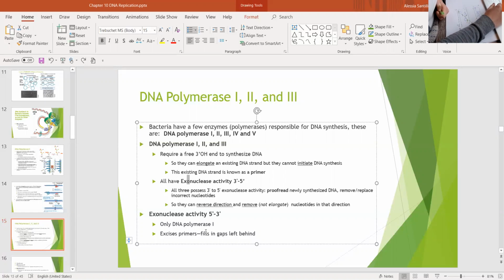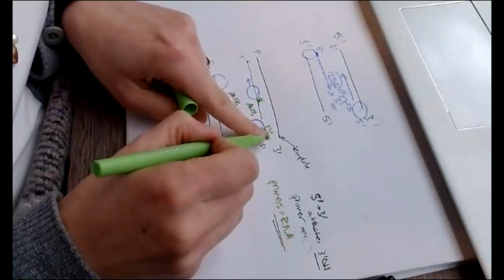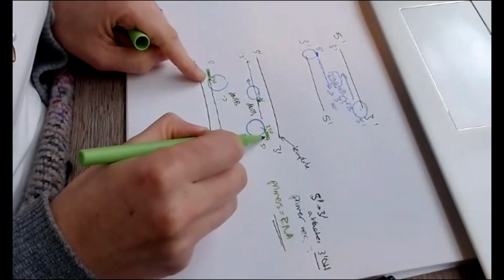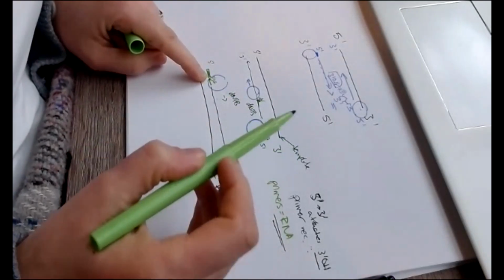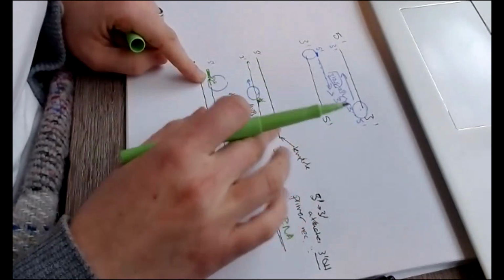So DNA polymerase 1 also has the ability to have exonuclease activity from 5' to 3', which is just the normal direction of the polymerase. And this is because DNA polymerase 1 has the ability to excise primers. So remember primers, these things right here that we need because DNA polymerase has to latch onto something. This is made out of RNA. You don't want to have hybrids of your DNA replicates, your two DNA molecules.